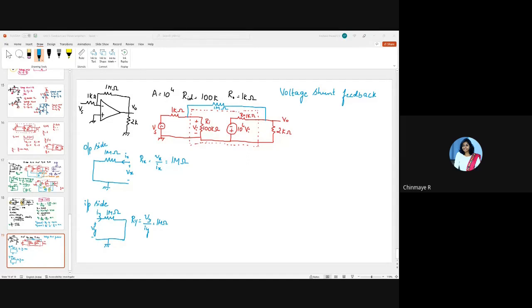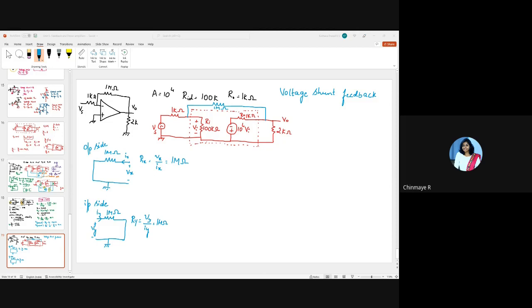Which means the closed loop gain here will be how much? Will it be positive or negative? Will V naught be negative with respect to Vs or positive? Negative. Negative, right?